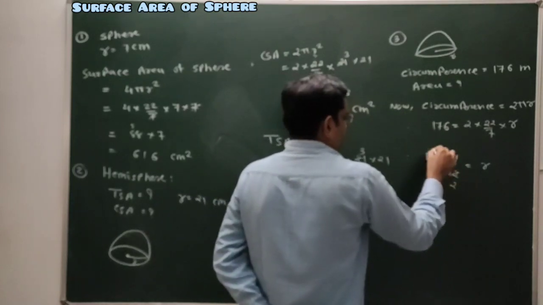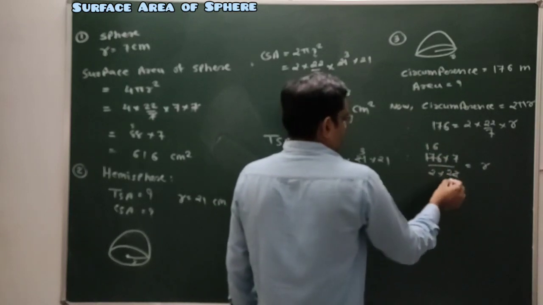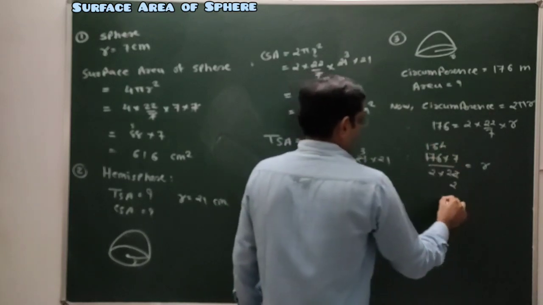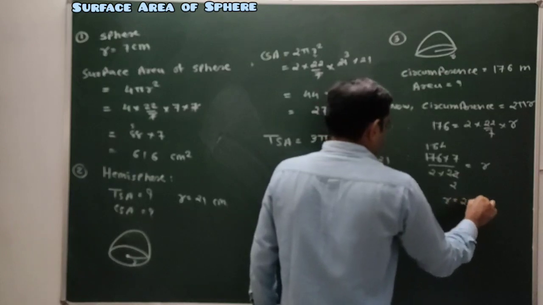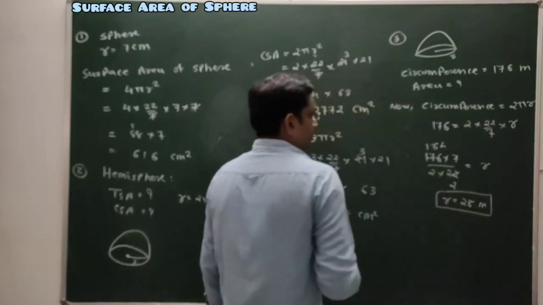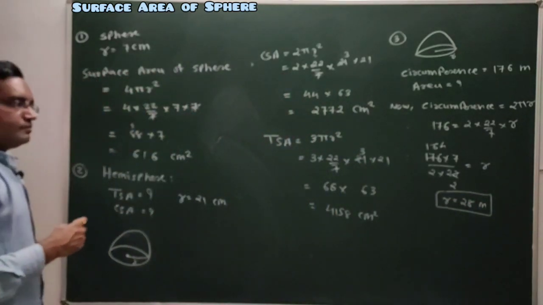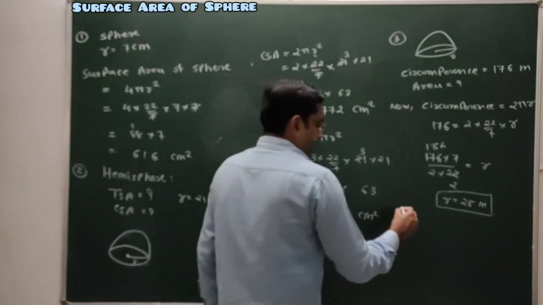Simplification: 11 2s are 22, 11 6s are 66, 2 2s are 4, 4s are 16. So r equals 28 meter. The radius of the base of this dome is 28 meter. So now we can find the curved surface area of this dome.